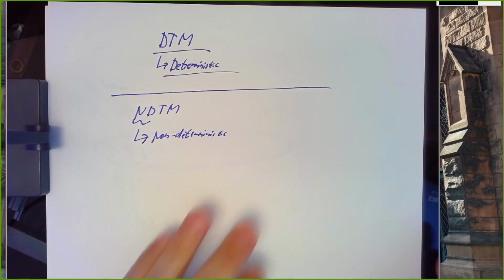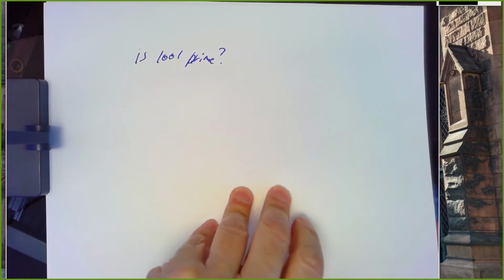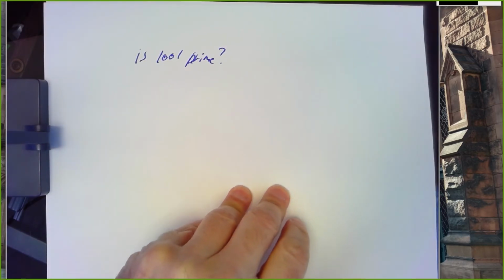So one of the most classic problems in graph theory is the traveling salesperson problem.